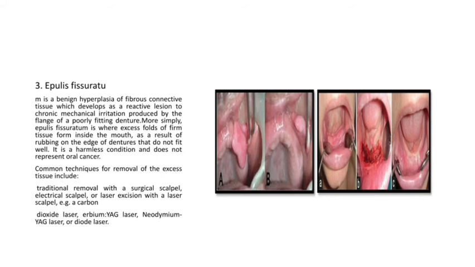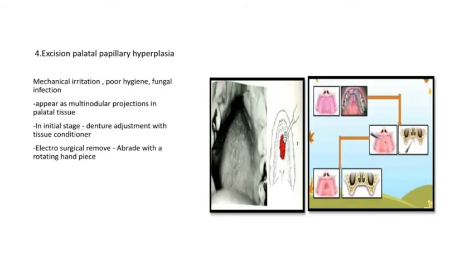Common techniques for removal of excess tissue include traditional removal with a surgical scalpel, electrical scalpel, or laser excision with a laser scalpel. Excision of palatal papillary hyperplasia, caused by mechanical irritation, poor hygiene, or fungal infection, appears as multi-nodular projections in palatal tissue.